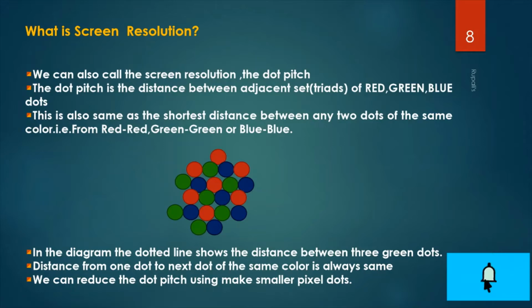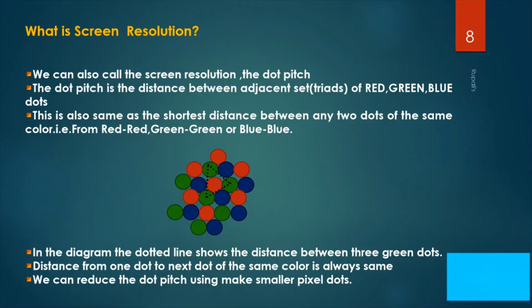This is also the same as the shortest distance between any two dots of the same color, that is from red to red, green to green and blue to blue. See the diagram. Here the dotted line shows the distance between three green dots. The distance from one dot to the next dot of the same color is always the same.